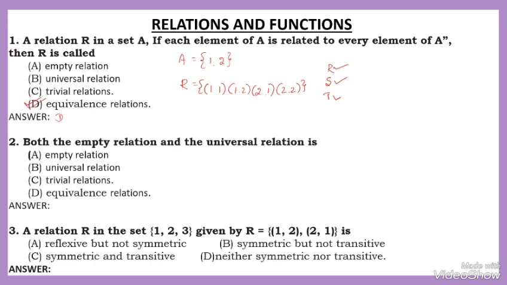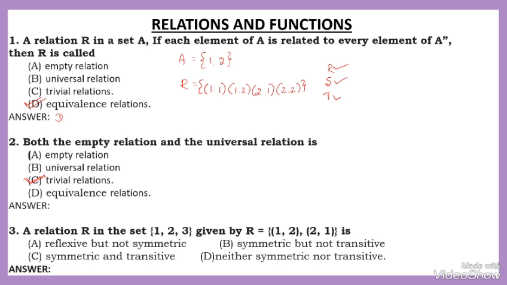The answer is option D, equivalence relation. Then, both empty relation and universal relation are called a trivial relation.